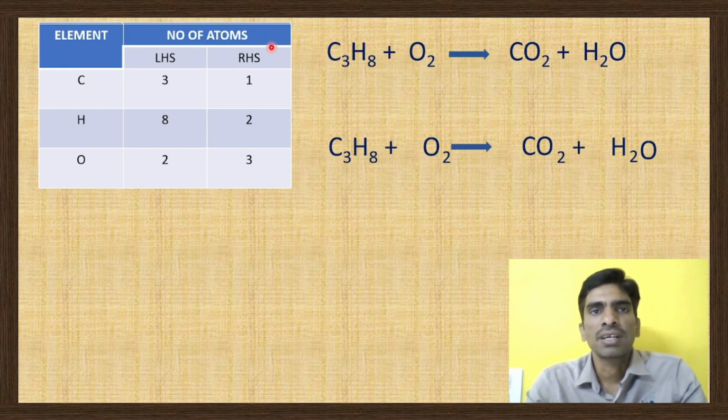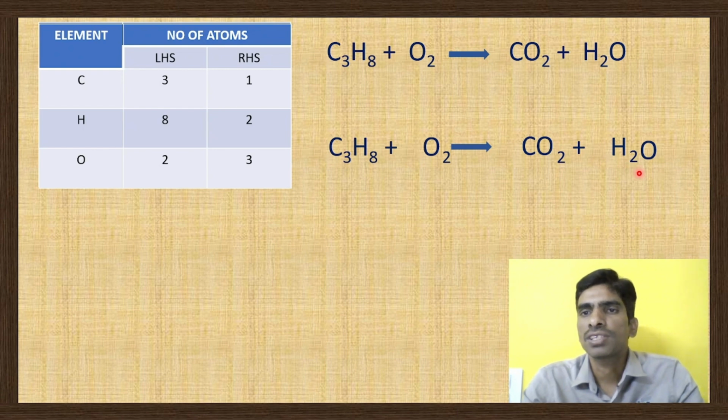We need to balance the atoms. If we see the hydrogen atoms on the LHS, there are 8 hydrogen atoms, but on the RHS there are only 2. So we need to multiply H2O by the coefficient 4 to get 8. So we write 4 here. Now 4 2s are 8 hydrogens on the RHS and 8 hydrogens on the LHS also.